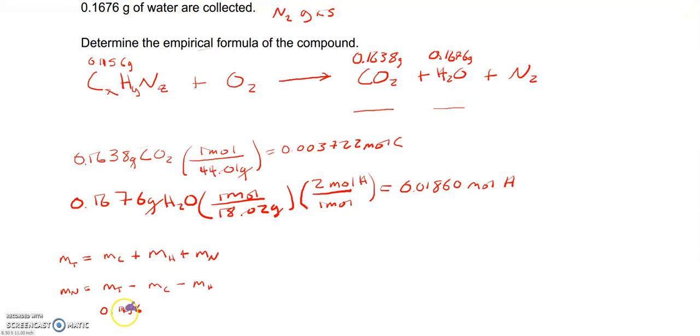0.1156, that's not a 7, that's a 1. I don't know why it wants to do this so badly, but these are 1s. 0.1156 grams minus, well, we don't have the grams of carbon yet, right? So we need that. So let's convert that to grams.